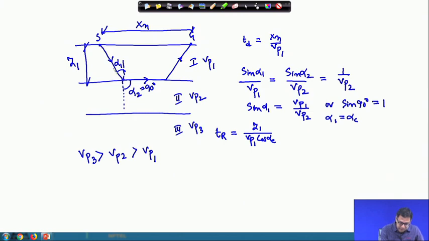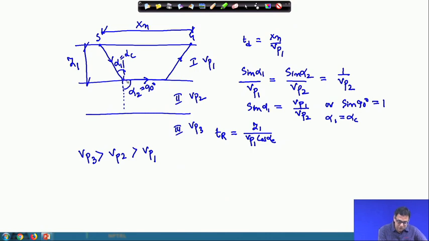It is this path, this value is Z1, and this angle is alpha c. So we can determine this will be Z1 divided by cos alpha c, divided by VP1.